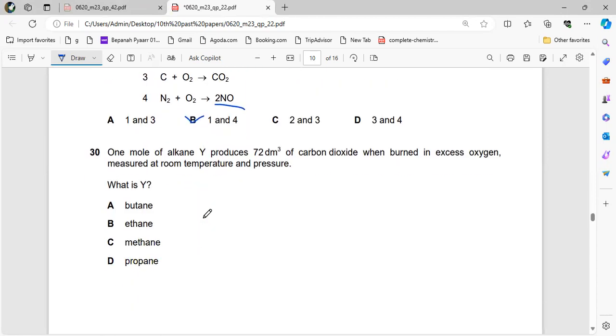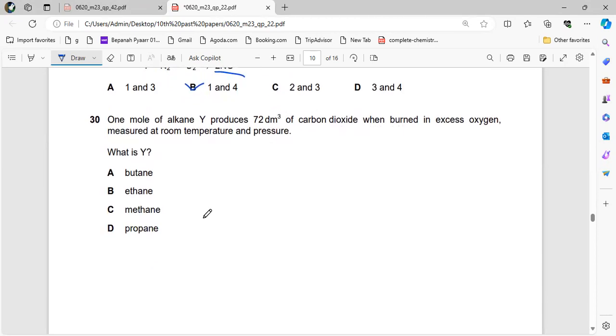Option B. 1 mole of alkane Y produces 72 dm cube of carbon dioxide when burned in excess oxygen, measured at room temperature and pressure. What is Y? Butane, ethane, methane, or propane? Now, in this case, they have given us the volume, that is 72 dm cube.